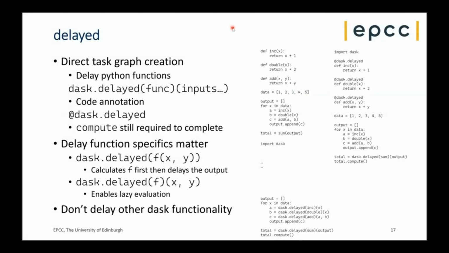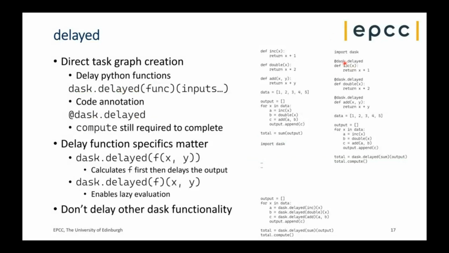And I can turn that into a Dask delayed graph, so into a graph, in two different ways. I can either use a delay function or I can annotate my code.